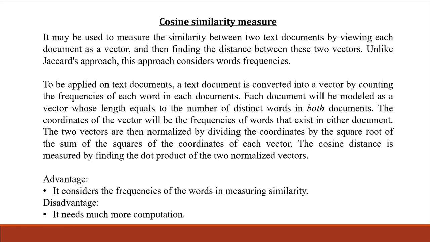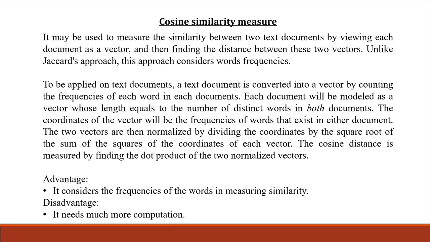Cosine similarity measure. This measure may be used to measure the similarity between two text documents by viewing each document as a vector, and then we can find the distance between these two vectors. Unlike Jaccard's approach, this approach considers word frequencies.